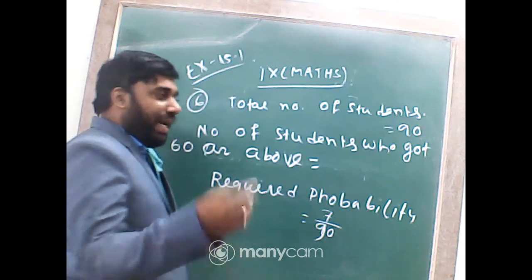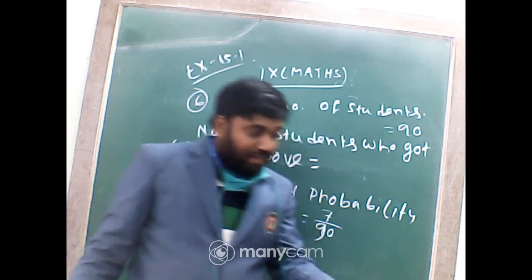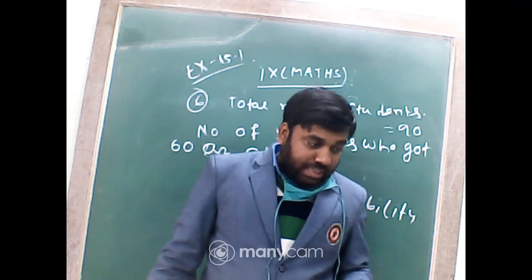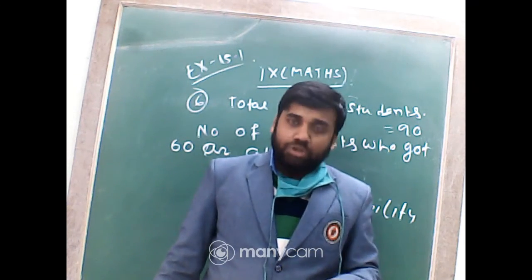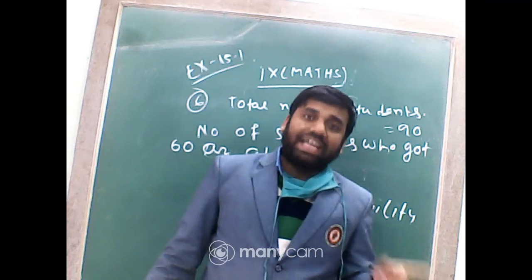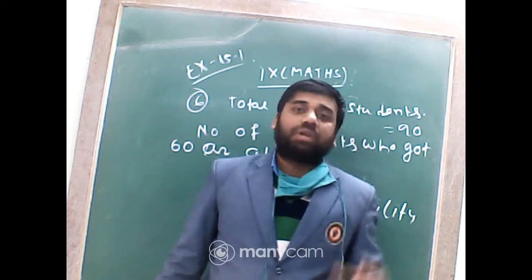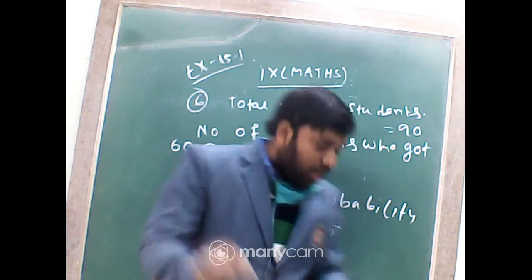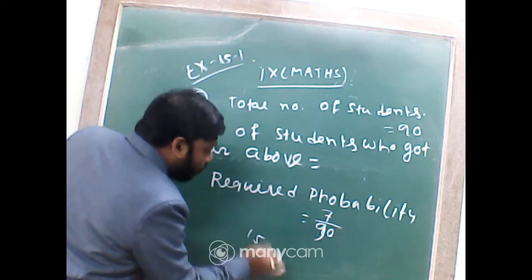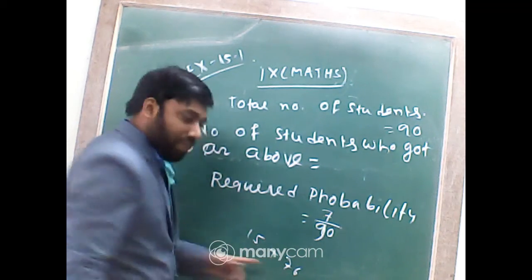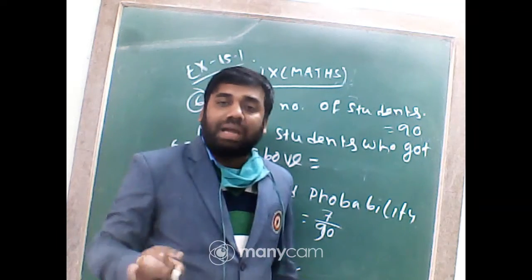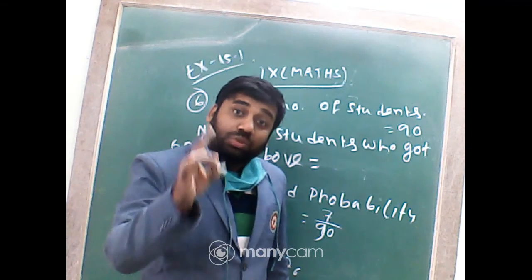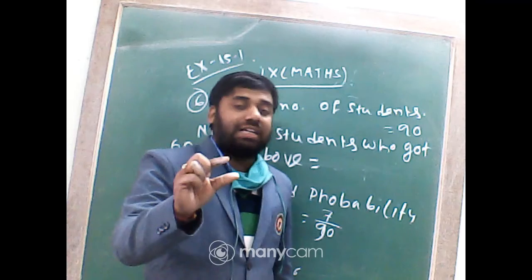60 or above. It means students in that interval 60 to 70 as well as 70 and above, these two intervals number of students should be added. Got the concept? 60 to 70 means already 15 students I have, and who got 76, 76 also is above the 60. So that number of students of this interval should be added.